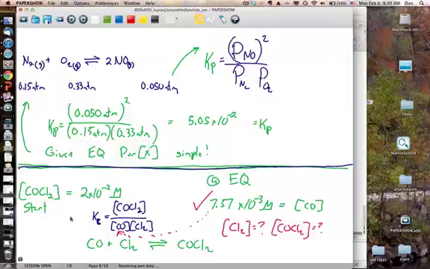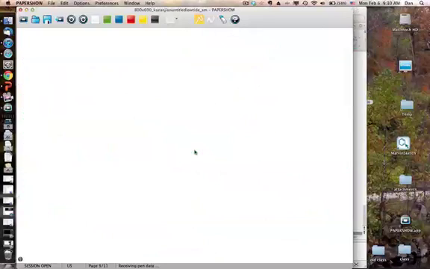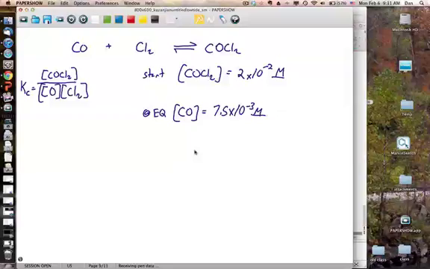Well, as it turns out, we have a lot of information in this problem. We just have to use our chemical knowledge of what goes on in a reaction. If we strip out the information from the reaction, we start with nothing but pure COCl2.